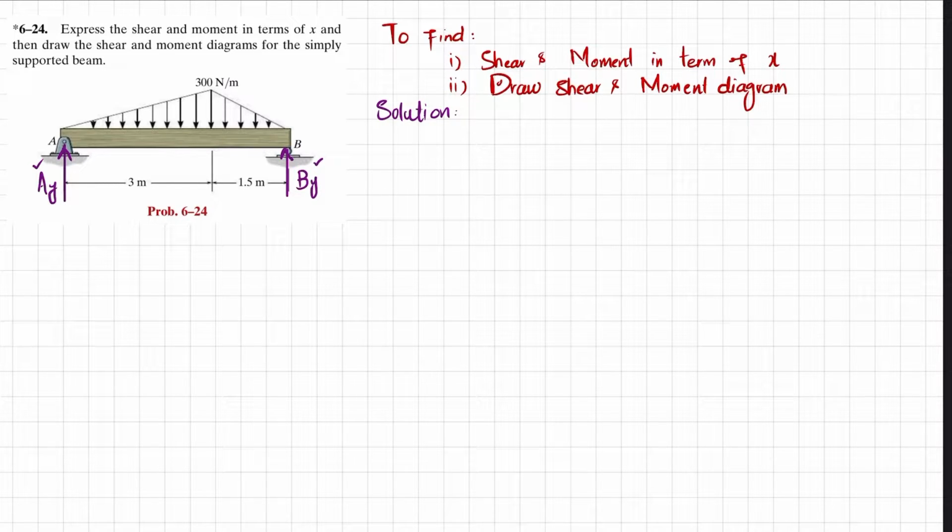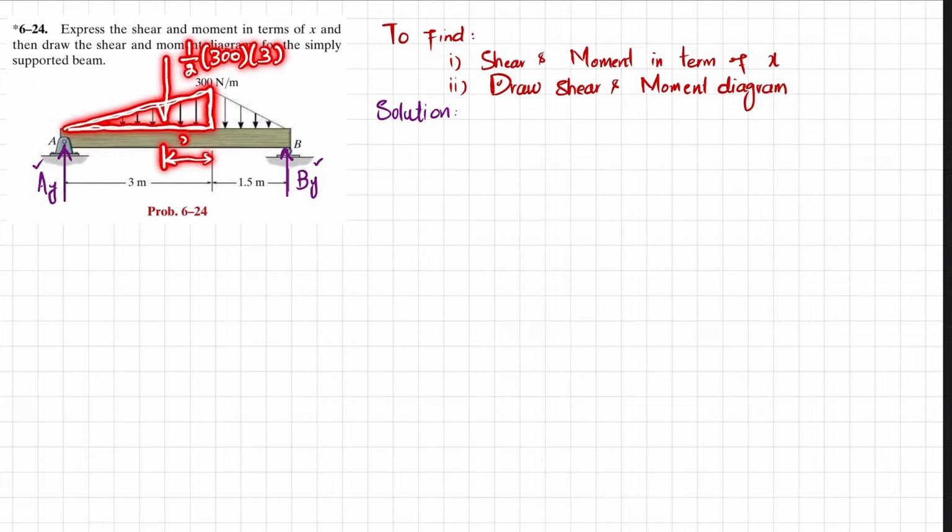Now you can see that this load is a linearly increasing load till this point, so this is a triangular load. If we convert this into a point load, it will be 1 over 2 into 300 multiplied by its length 3, and it will be acting at a distance of 3 by 3, which is 1 meter.